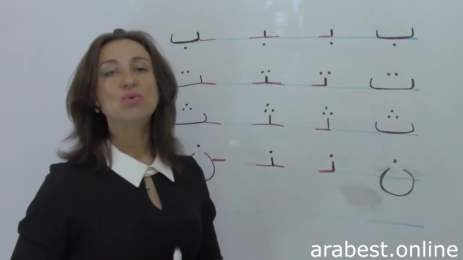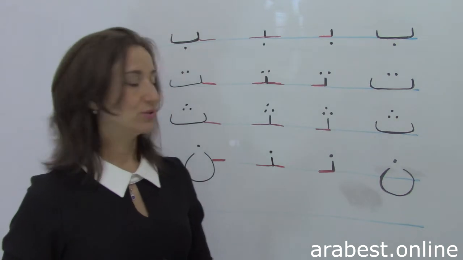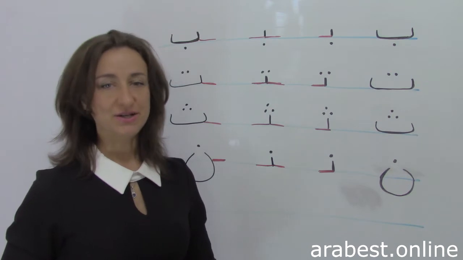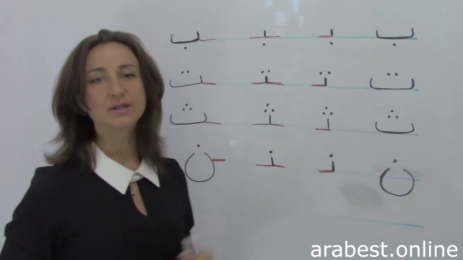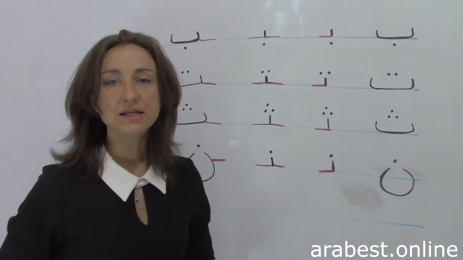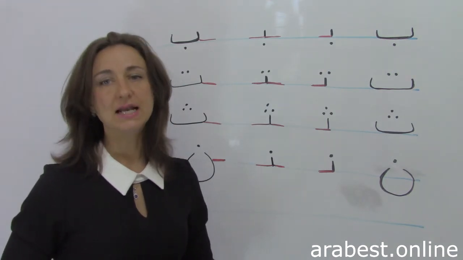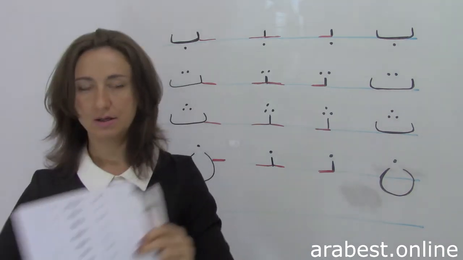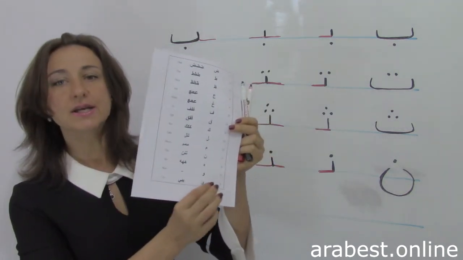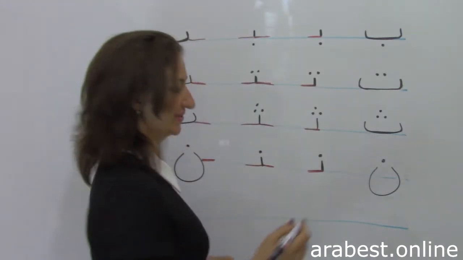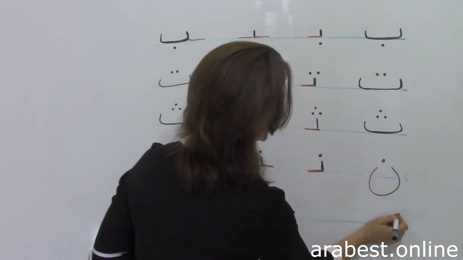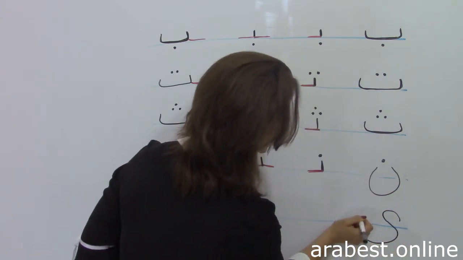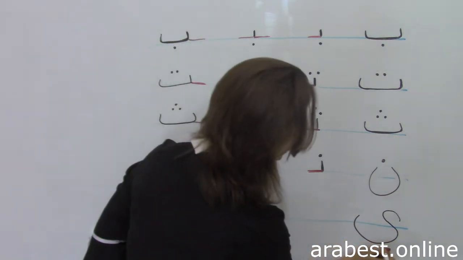And there is still one more letter to be added to this group. The last letter in our group is the last letter in the alphabet. Letter ya, letter number 28. Look how we write down this letter. A head, a neck, belly, and the tail, and two feet.